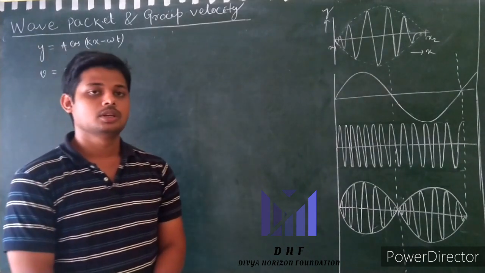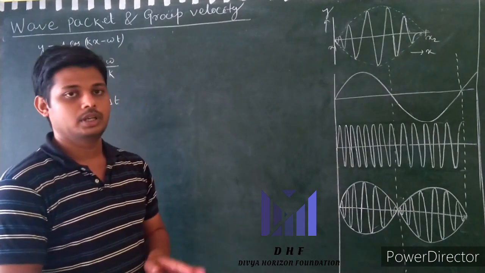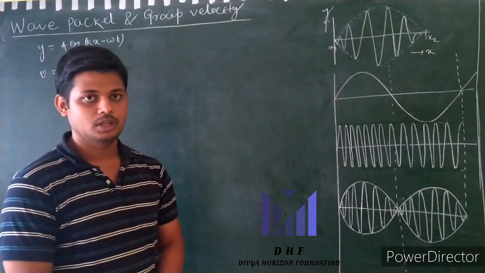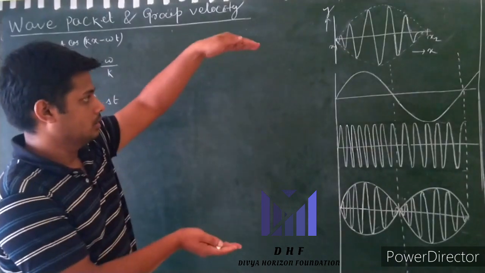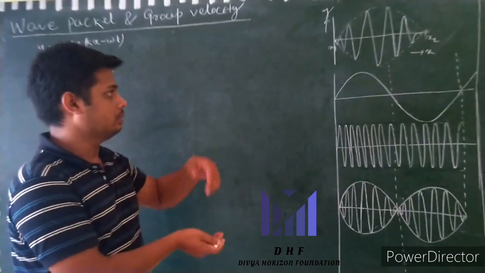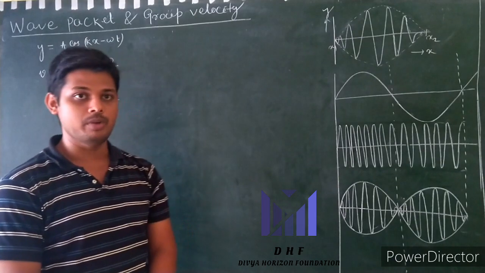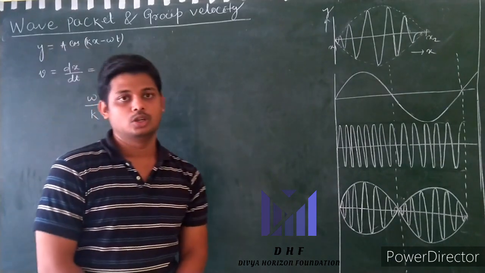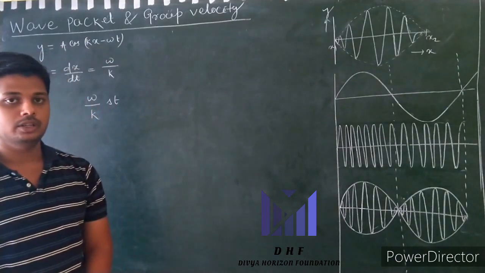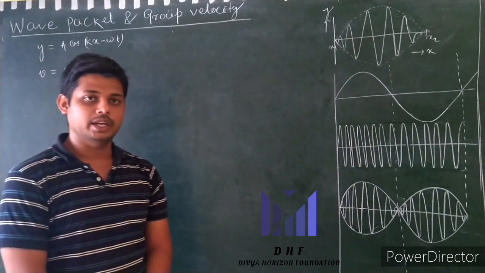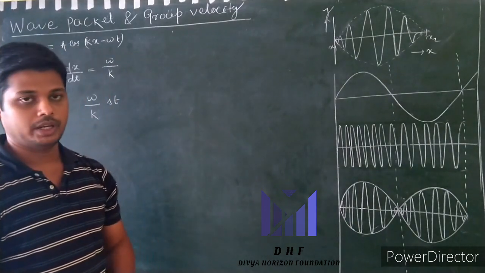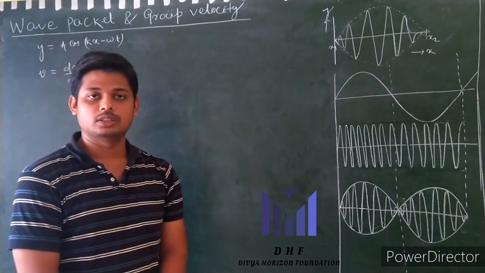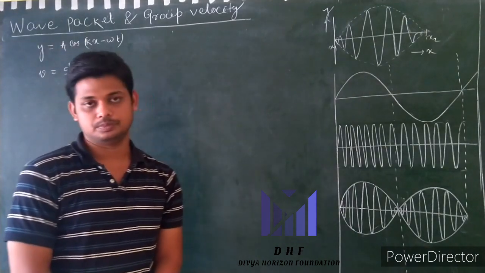It may have a larger spread, or it may have a greater thickness than the previous one, and so on. So the wave packet which we get at time del t will be something different from the wave packet which we got at time t is equal to 0.